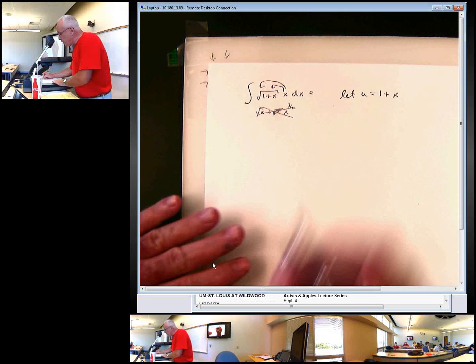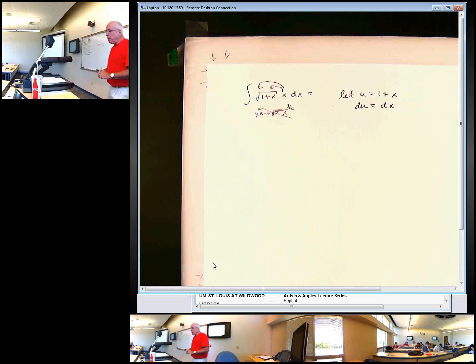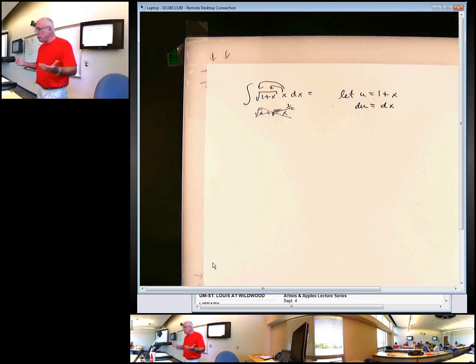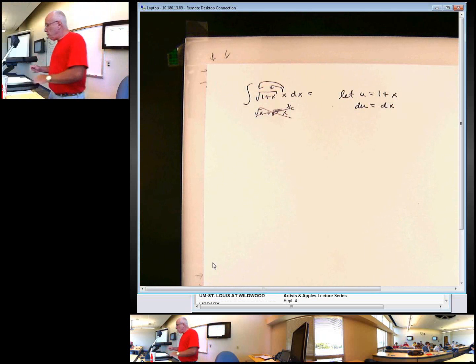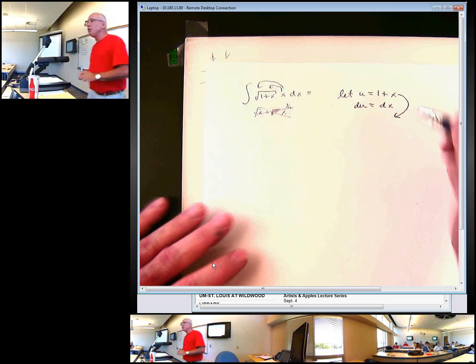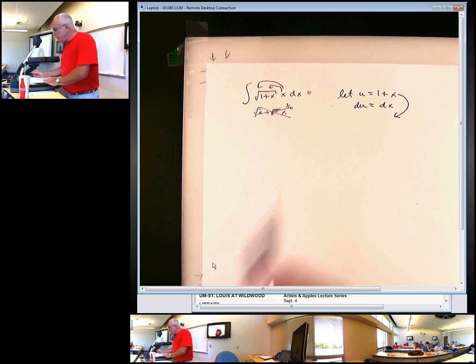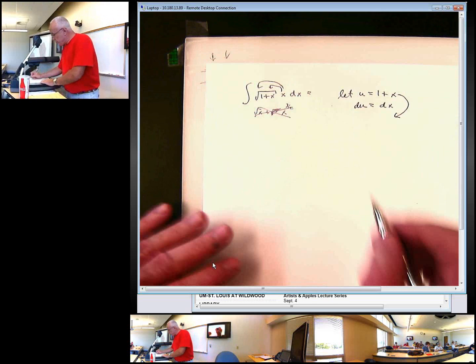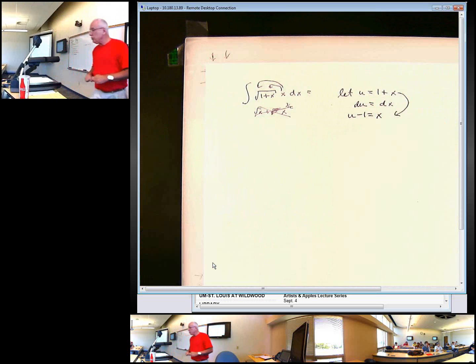Of course, when we do that, du is equal to dx. You say, gee, I don't see anything that I've gained from doing this. But we really have, because we can take that first equation, u equals 1 plus x, and if we subtract 1 from both sides, we get that u minus 1 is equal to x.